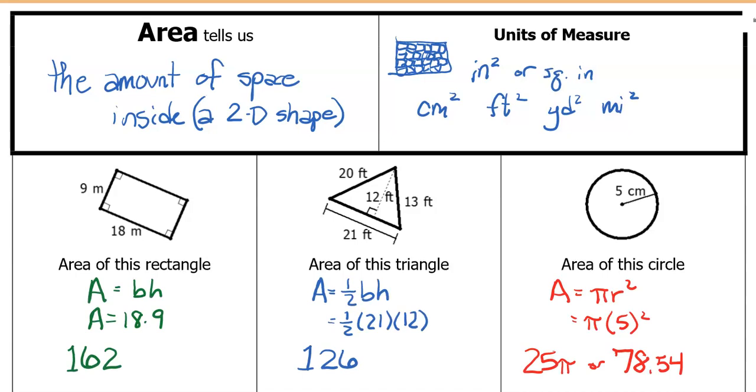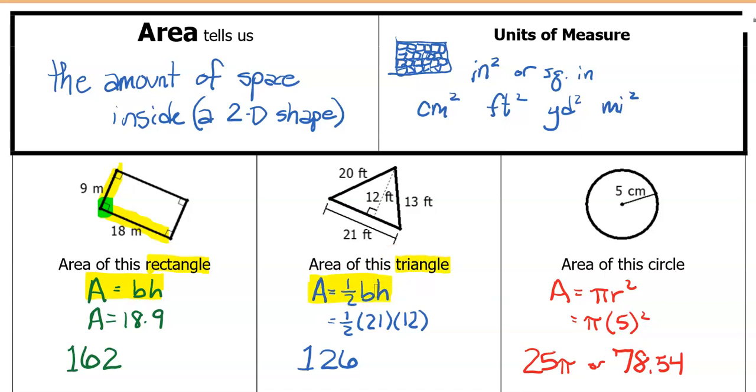This time, since we were dealing with area, the shape made a big difference. When we were dealing with the rectangle, it was base times height, and we had to make sure that we chose a base and a height that were perpendicular. Fortunately, with a rectangle, that's automatic with all these right angles. But then when we were dealing with the triangle, our formula is different.